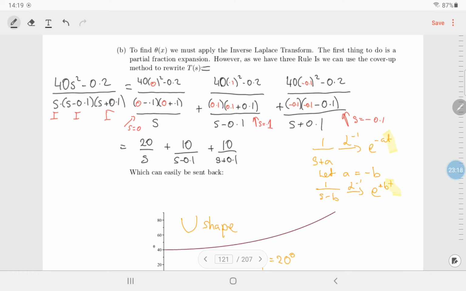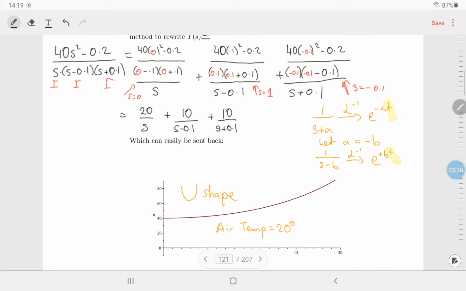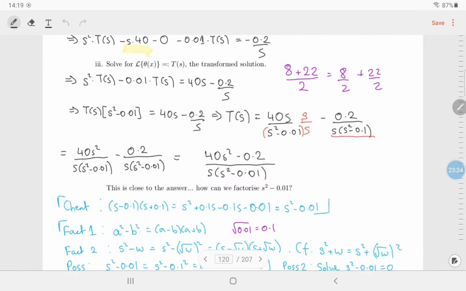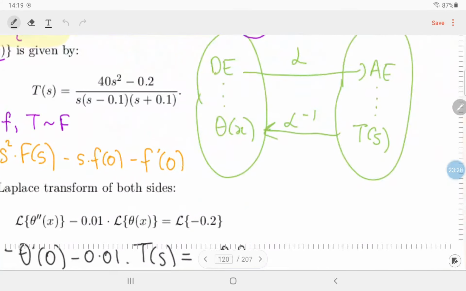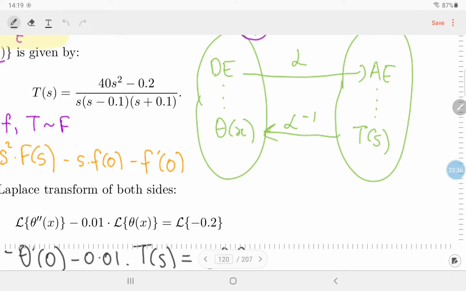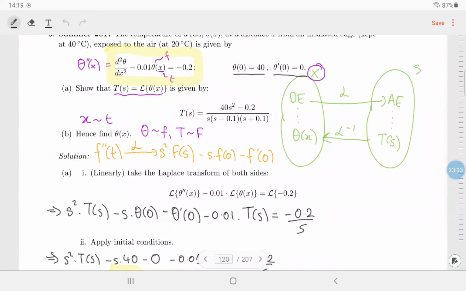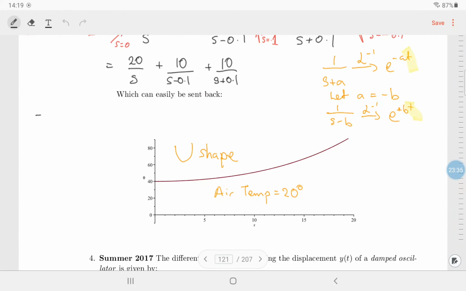And these can be easily sent back. Now, this is big T of s, so big T of s we go way back. We're not going to do little t, we're going to do theta of x. So therefore, theta of x goes back to, so constant over s we've seen goes back to the constant.